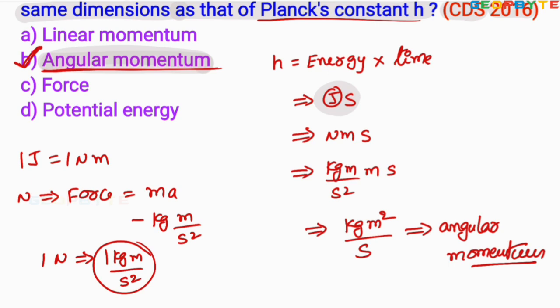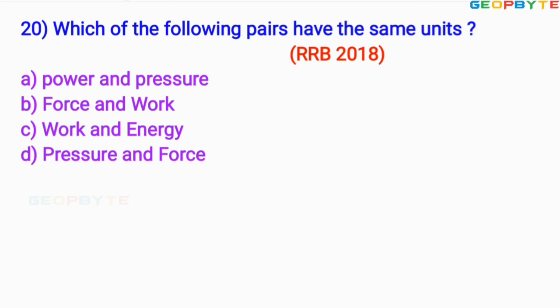Let us go for the next problem. Look at the 20th problem asked for RRB in 2018. Which one of the following pairs have the same units? Power and pressure? No. Option A is wrong. Option B, force and work?